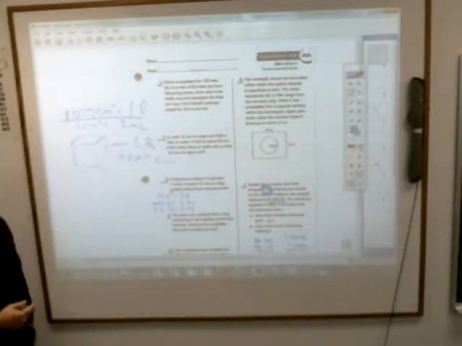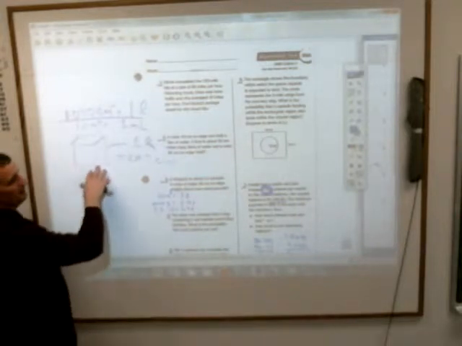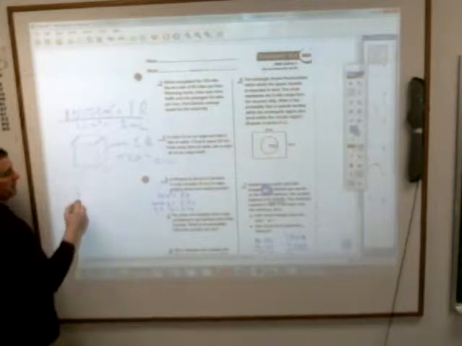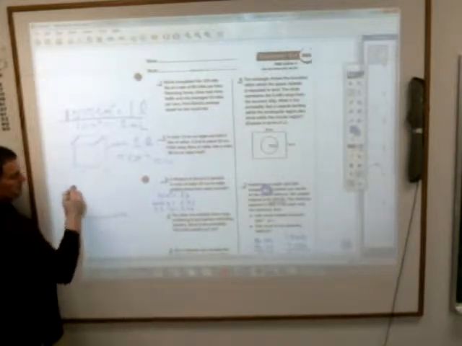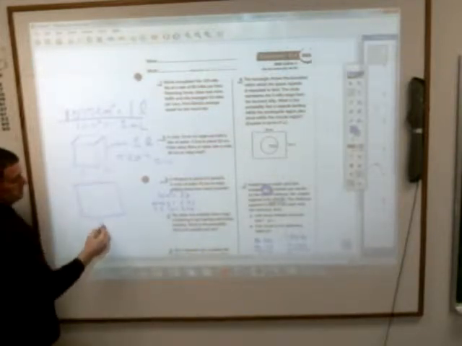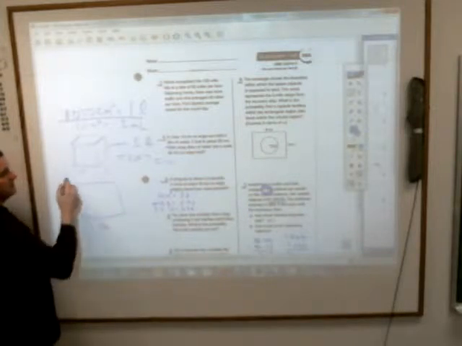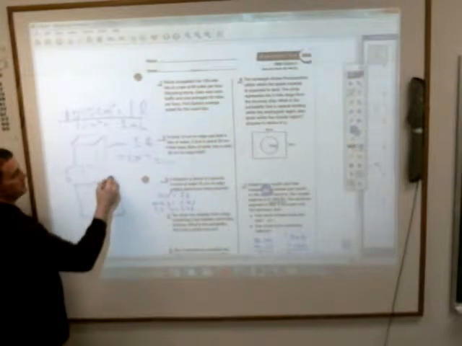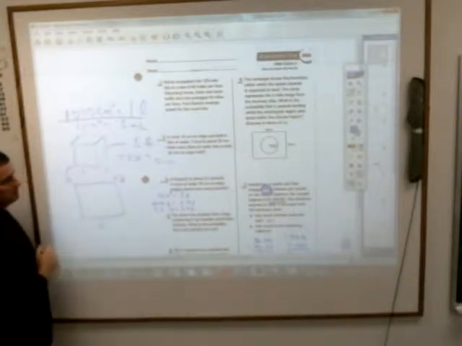Now this again goes back to the scale factor thing. You do not now have a 10 centimeter on edge one, you have one that is 30 centimeters. And you don't even really need to draw it, but you can if you want. What's the scale factor from 10 to 30? It's 3 times bigger.